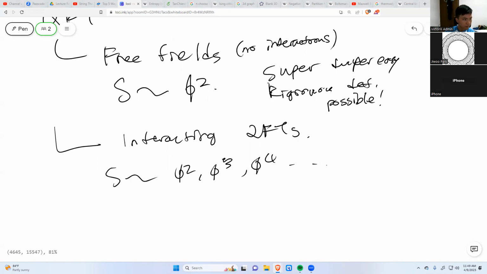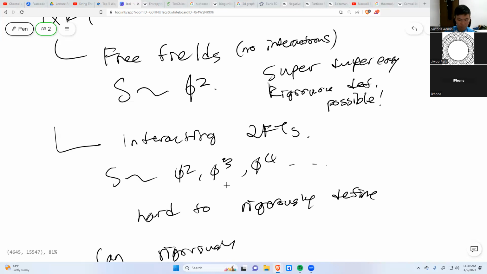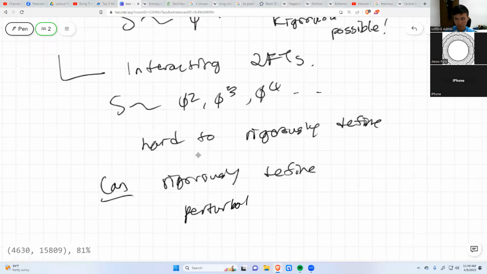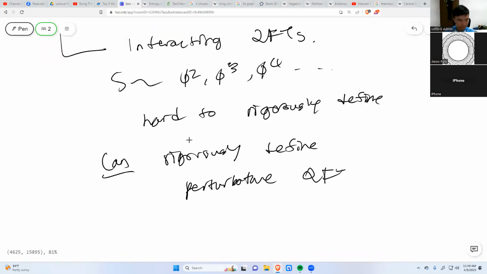Now, interacting QFTs: this is super hard. This is kind of hard to rigorously define. In general, it's really not being done. But you can rigorously define perturbative QFT. See Kevin Costello's book.